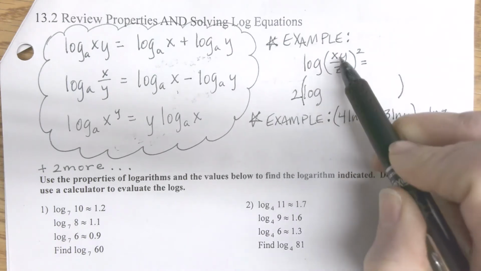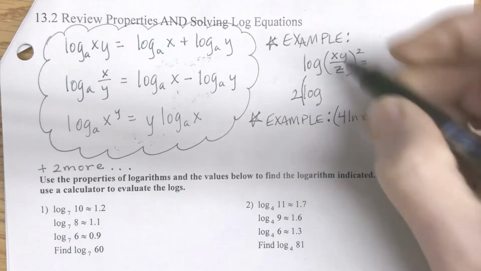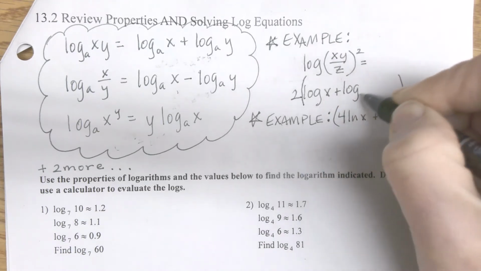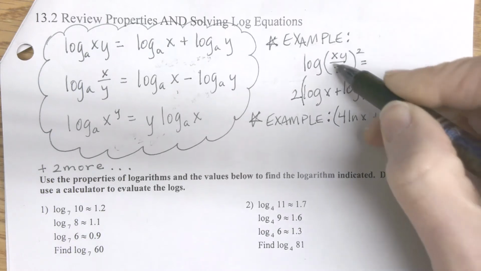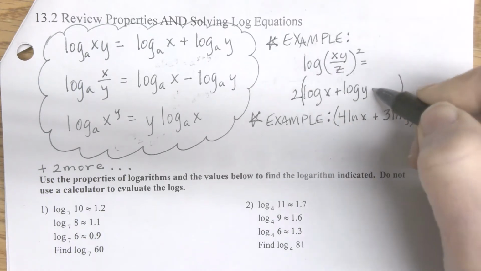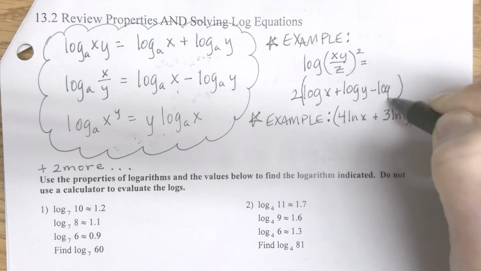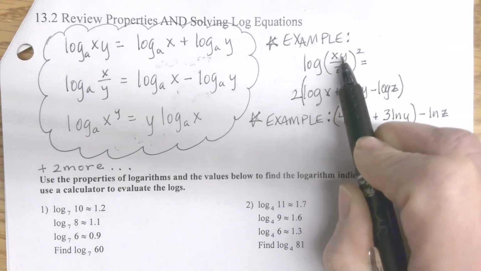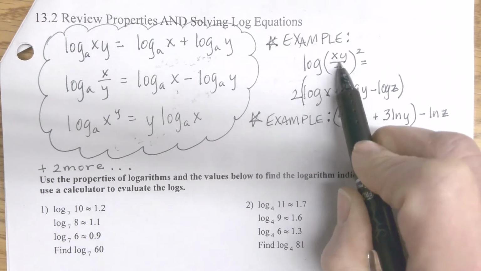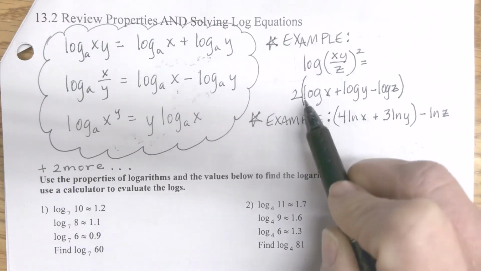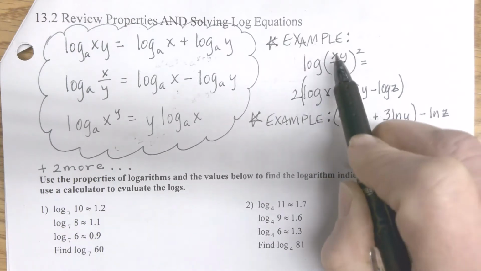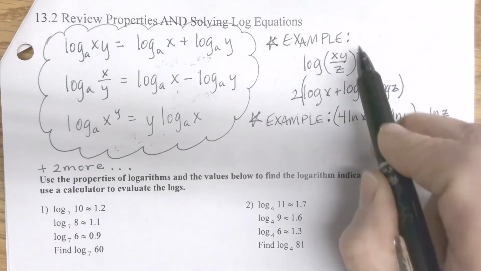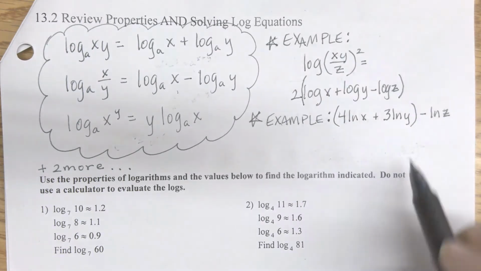It's the log of x times y, which becomes the log of x plus the log of y, and then because it's divided by z, it's minus the log of z. So 2 times the log of x plus the log of y minus the log of z. So what I'm doing is bringing a log throughout those and equating that multiplication to addition and division to subtraction. Powers go out in front.